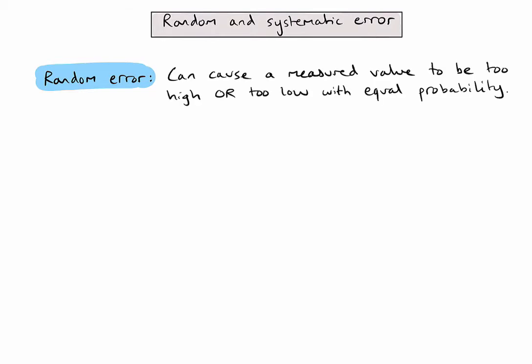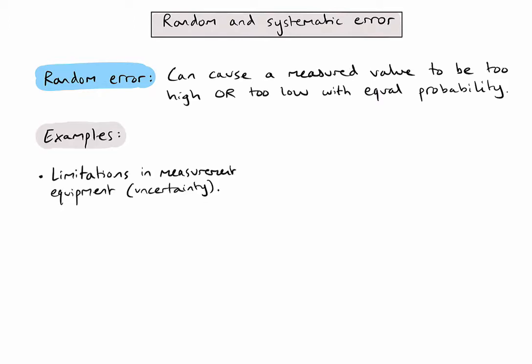Let's see if we can apply this to some examples. The first example, always present when making measurements, is limitations in the measurement equipment itself. This is known as uncertainty, and if you're not quite sure what this term means, you might want to check out the separate video that runs through that.